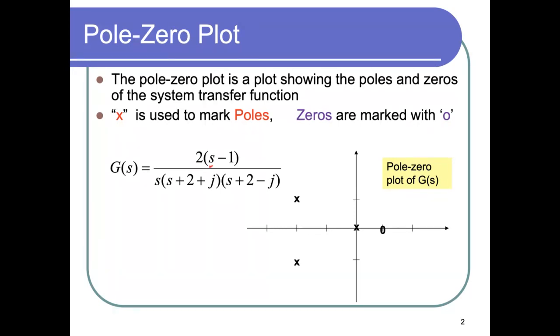So here we have a zero at positive 1. We have one pole at 0, an x here, and we have a conjugate, so we have two x's representing the poles of the system. We use x to mark the poles, and zeros are marked with O's. So we show the poles and the zeros of the system using this representation. This is called the pole zero plot of G(s).